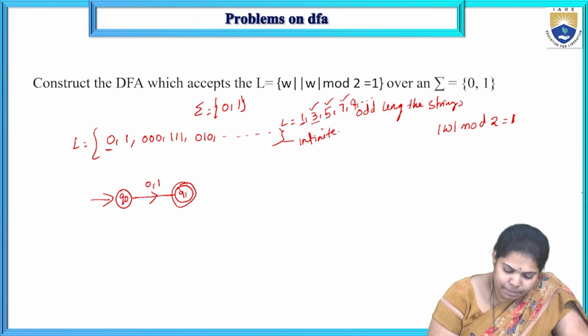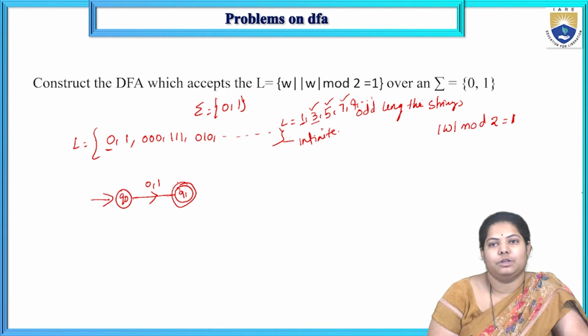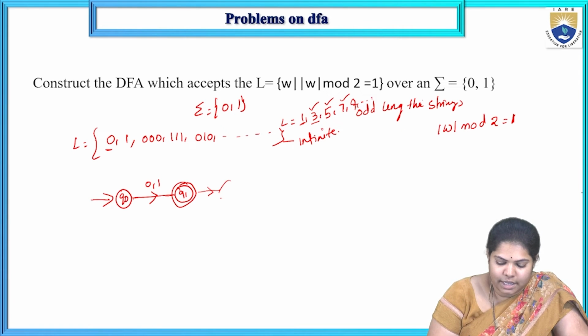So if I keep a loop here, what will happen? It also accepts the 2 length string, 3 length string and so on. So the loop should not be kept. So if I send it to the next state, not making it a final state, and sending it to another state and making that a final state, that means the 1 length string is accepted, 2 length not accepted, 3 length accepted.